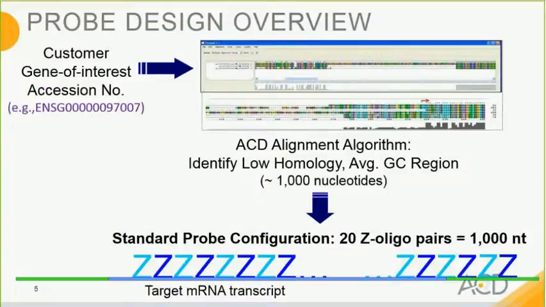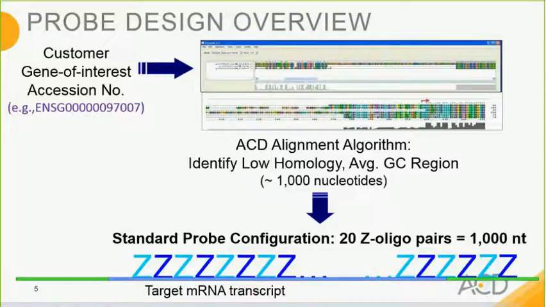To design a specific probe for your target of interest, ACD requests you to provide us either the accession number information or the exact sequence of the target. You could even indicate your region of interest for targeting with start and or stop positions.